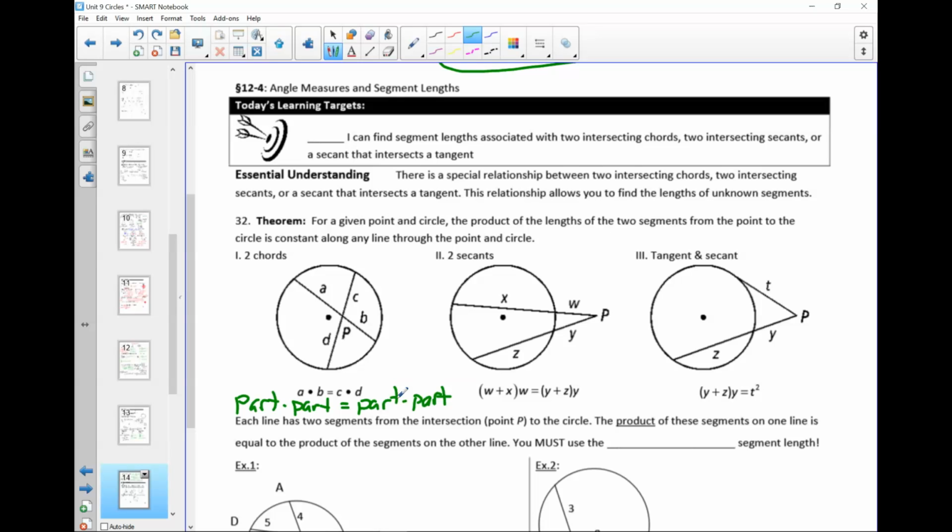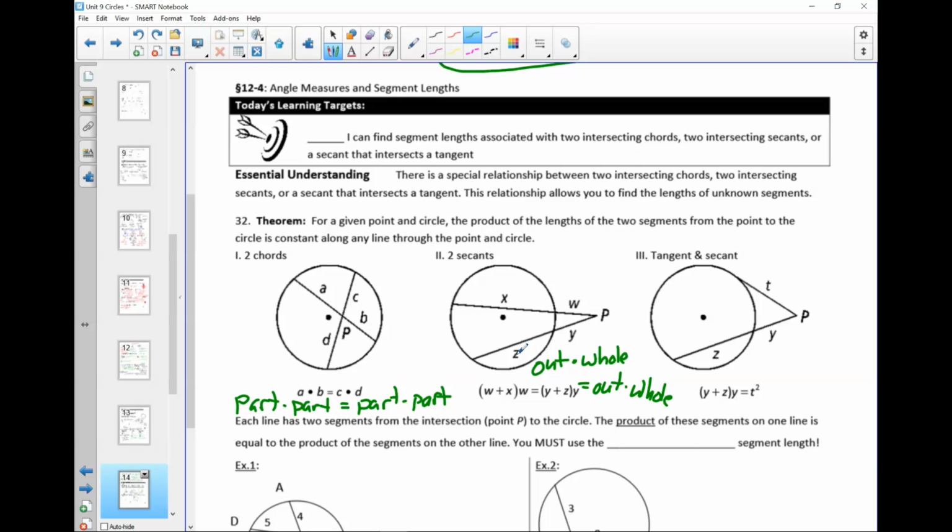If you have two secants, the way of thinking about it is the outside part of the secant times the whole equals the outside part of the other secant times the whole. So W times (W plus X) will equal Y times (Y plus Z).